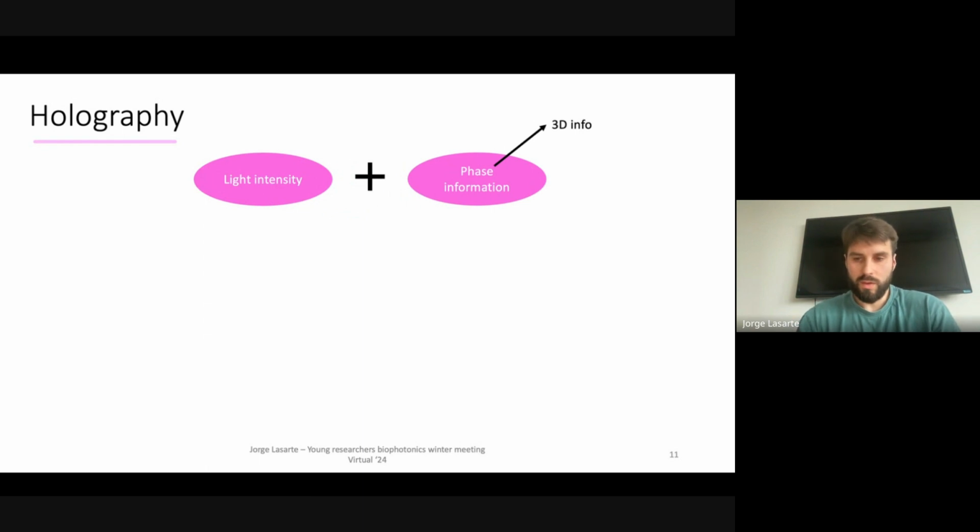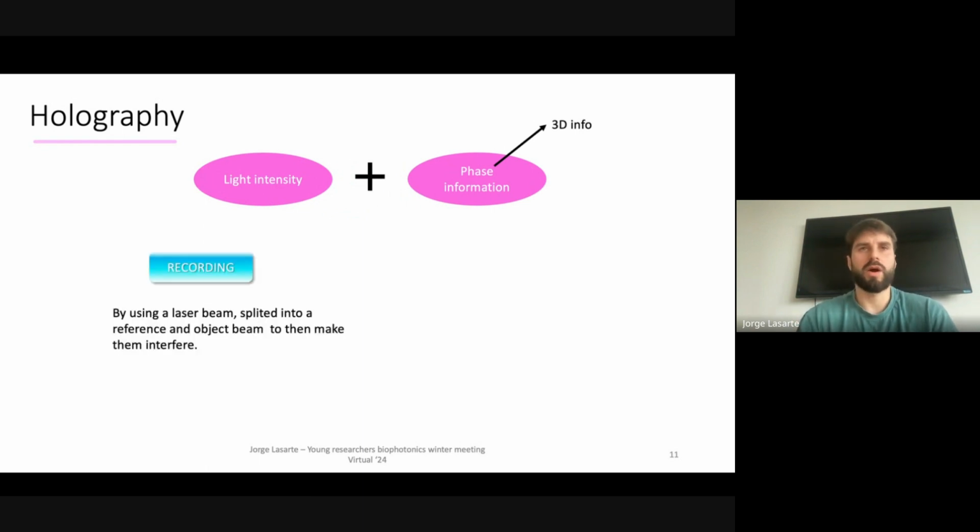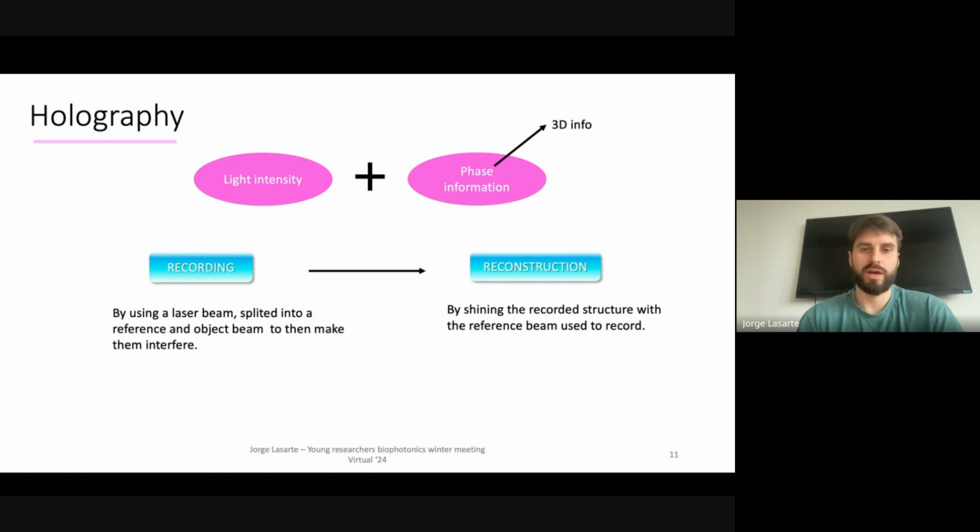So holography can be broken down into mainly two steps: the recording phase and the reconstruction phase. The recording phase is, well, you actually create the interference pattern by splitting a laser beam, and then you shine one of those two beams in order to obtain the second one.